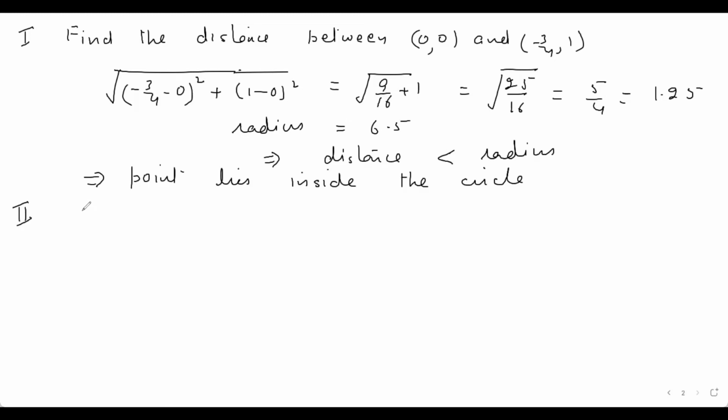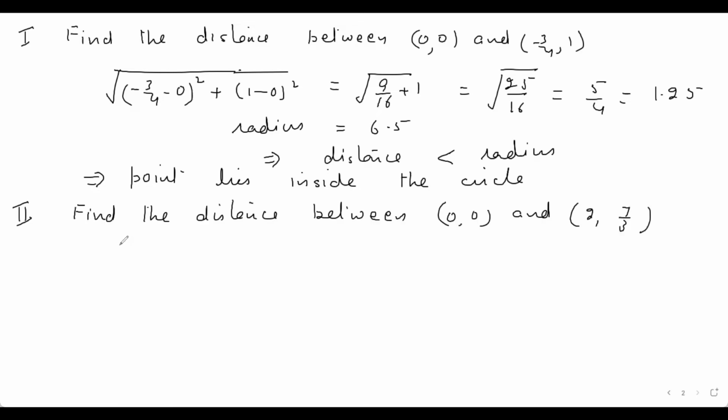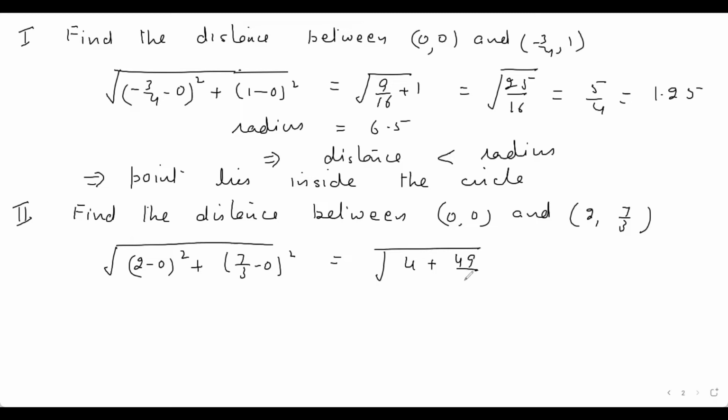Now the second is, find the distance between the point 0, 0 and 2, 7/3. So apply the distance formula. That is equal to root of 4 plus 49/9, that is root of 36 plus 49/9, that is equal to root 85/9, 9.44, 3.06.